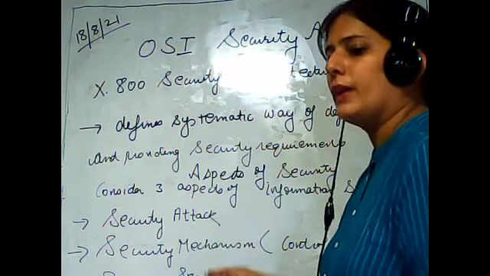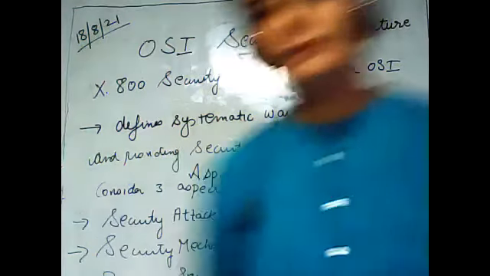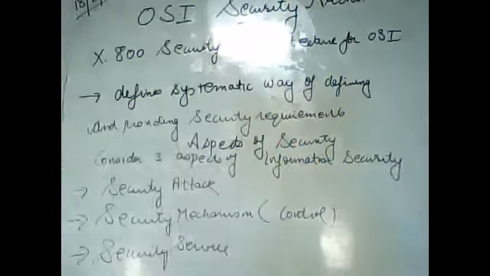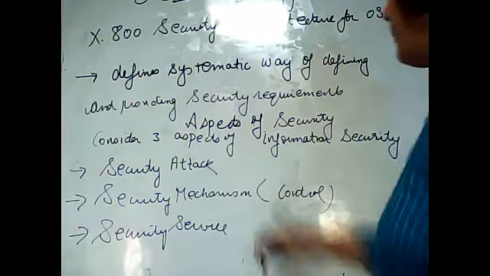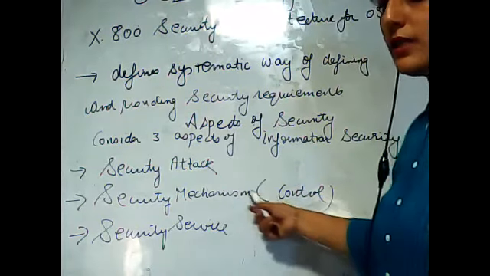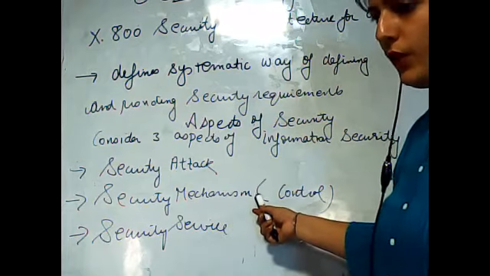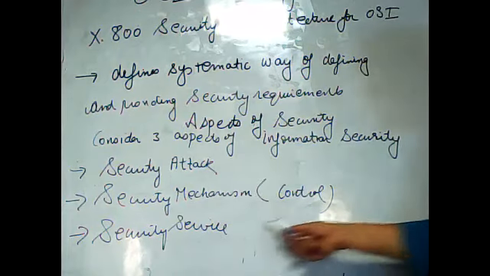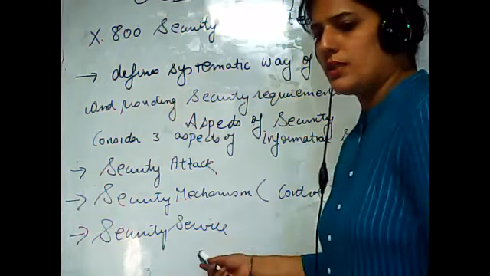All these three terms are interrelated with each other, because if we understand the options we have, it tells us what type of attack we have, what security mechanism we need to follow to control it, and what different security services we have.